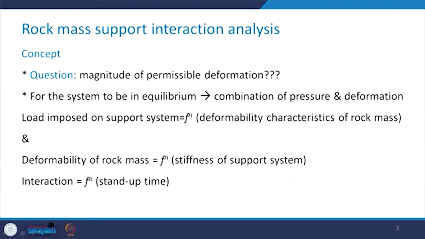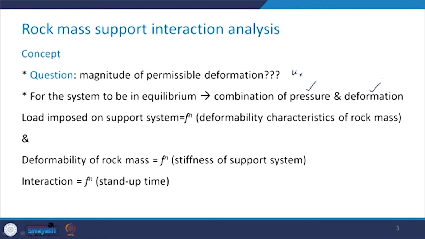The question comes, what should be the magnitude of this permissible deformation, that is UR, the radial deformation? For the system to be in equilibrium, there is going to be a combination of pressure and deformation.